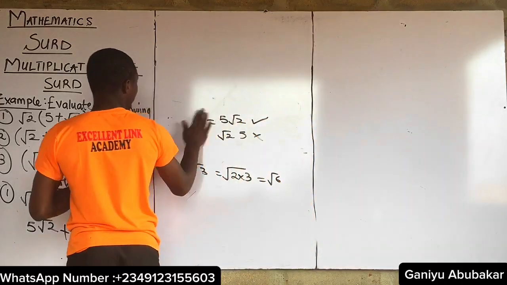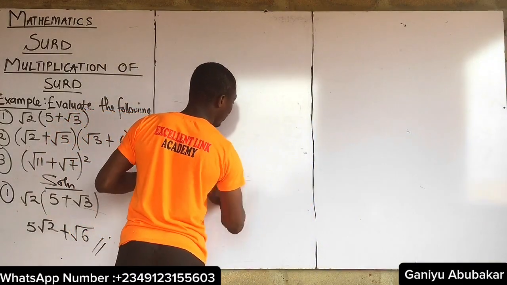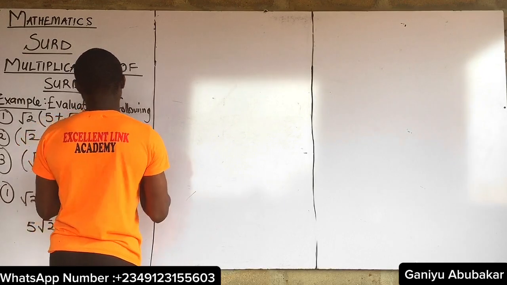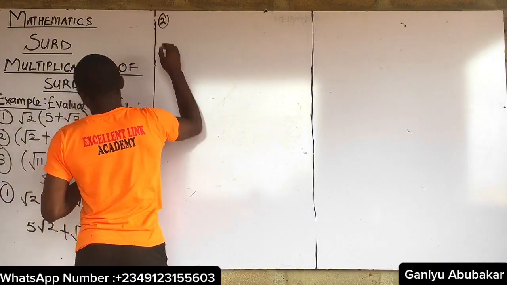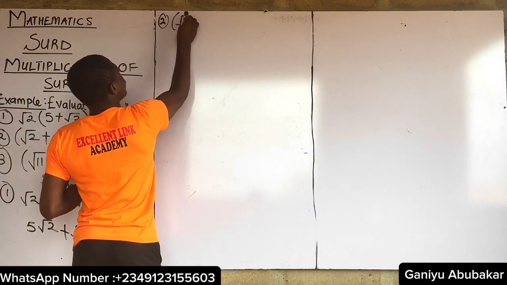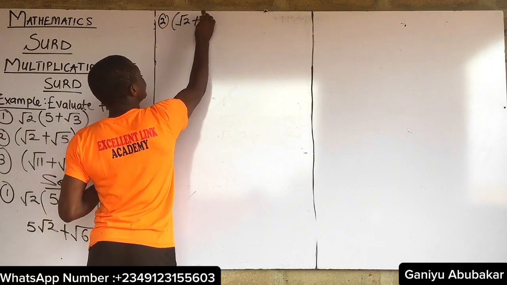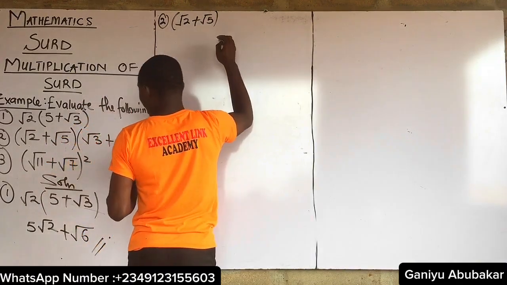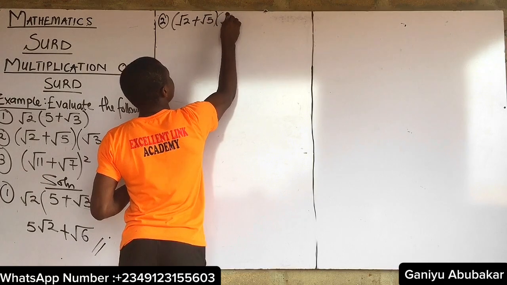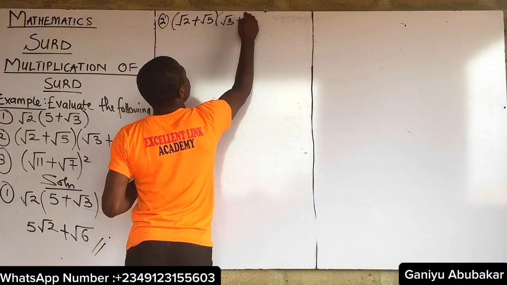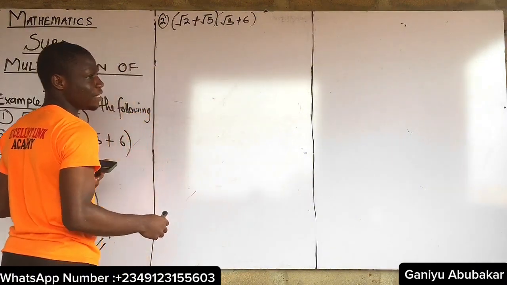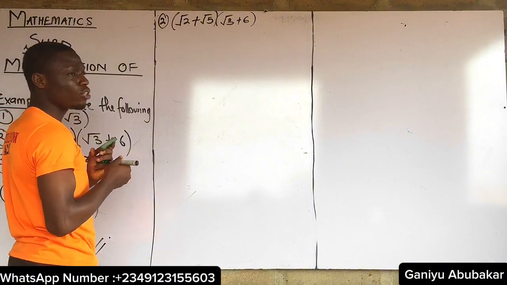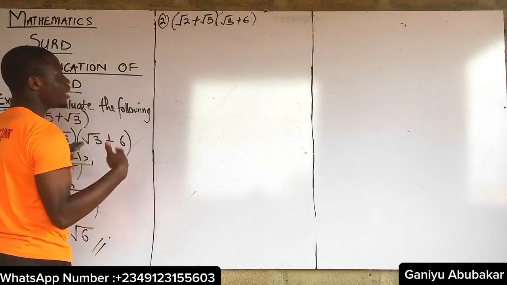Let's take example 2. Example 2 says I'm having root 2 plus root 5 multiplying root 3 plus 6. How do you expand this? My task here is to apply the concept of the binomial theorem.